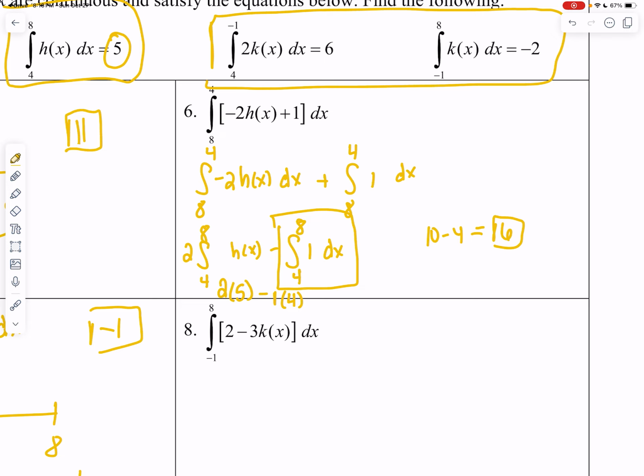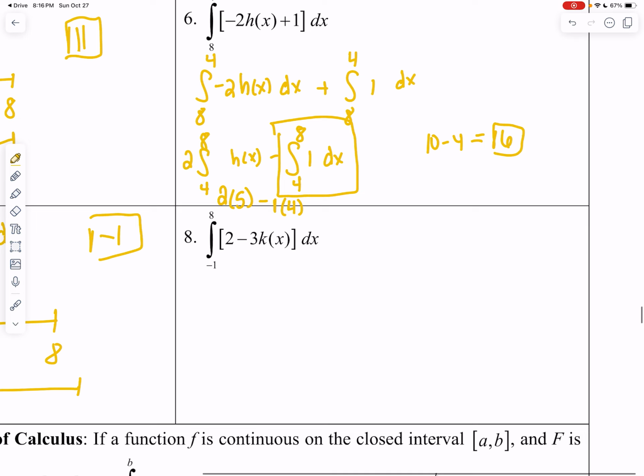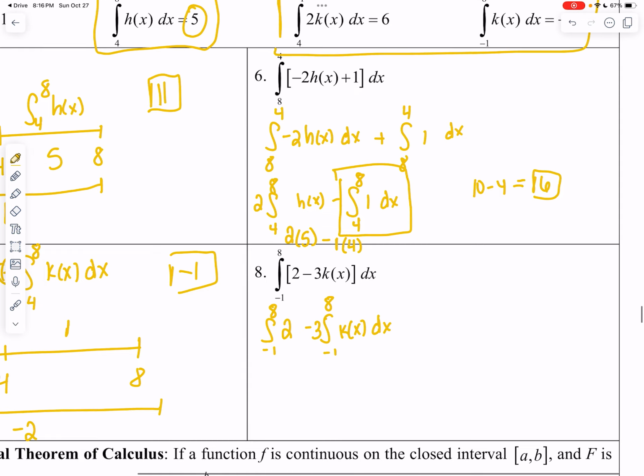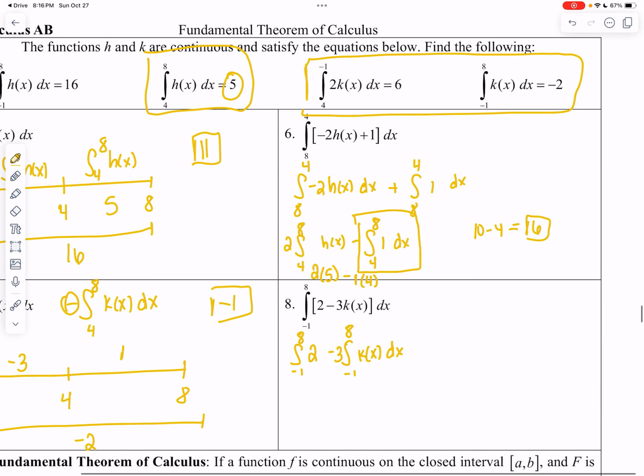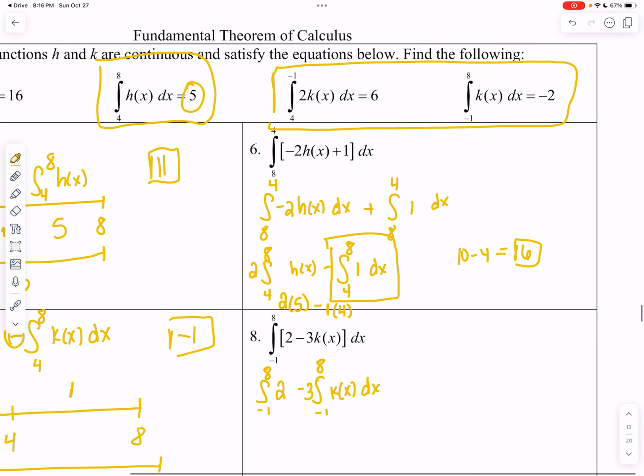And then finally, we have number 8 here, where I have the integral from -1 to 8 of 2 minus the integral from -1 to 8 of, let me move that 3 to the front, and we have this right here. Okay, so we know from this property right here that the integral from -1 to 8 is -2.